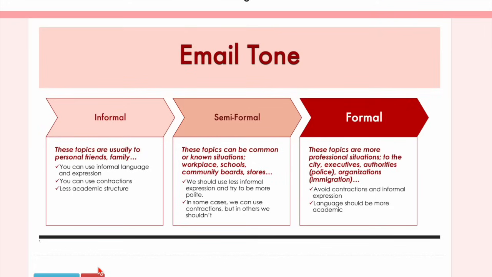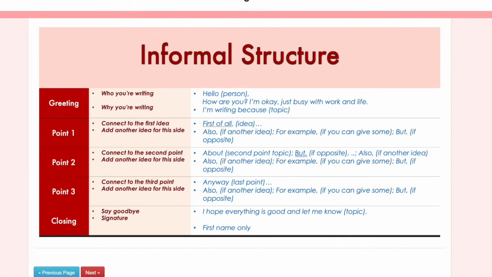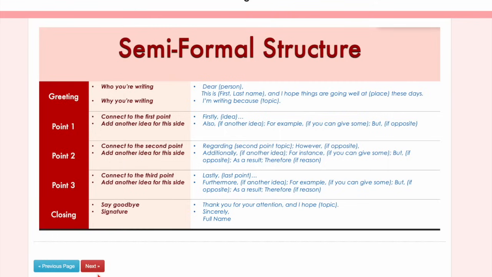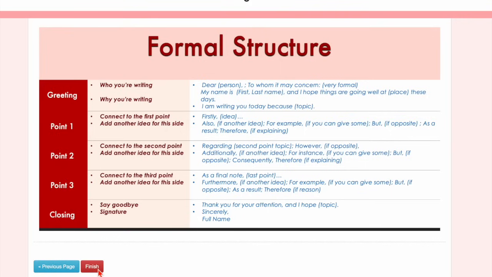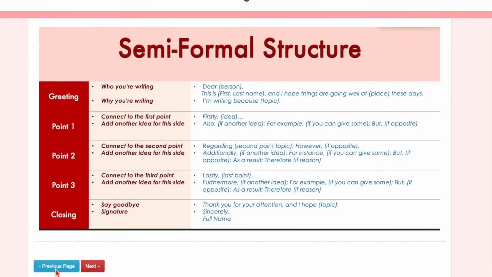Are we going to write an informal email, a semi-formal email, or a formal email? And then we have the structure that we can use for each one: informal structure, semi-formal structure, and a formal structure. So let's get started with today's analysis.